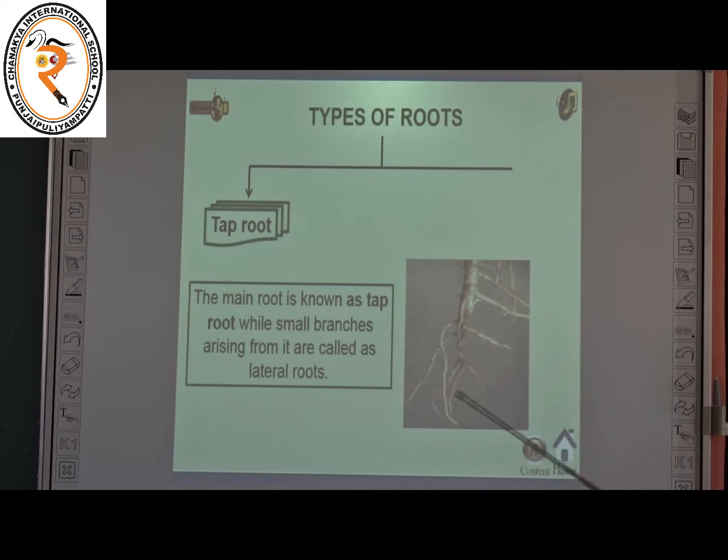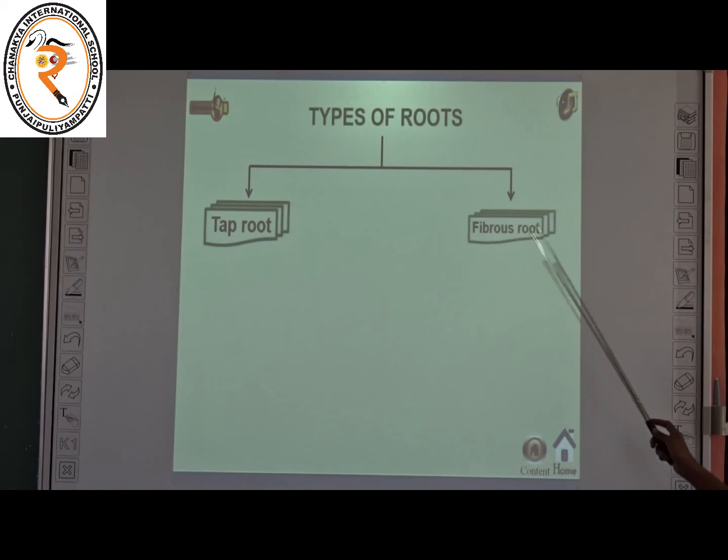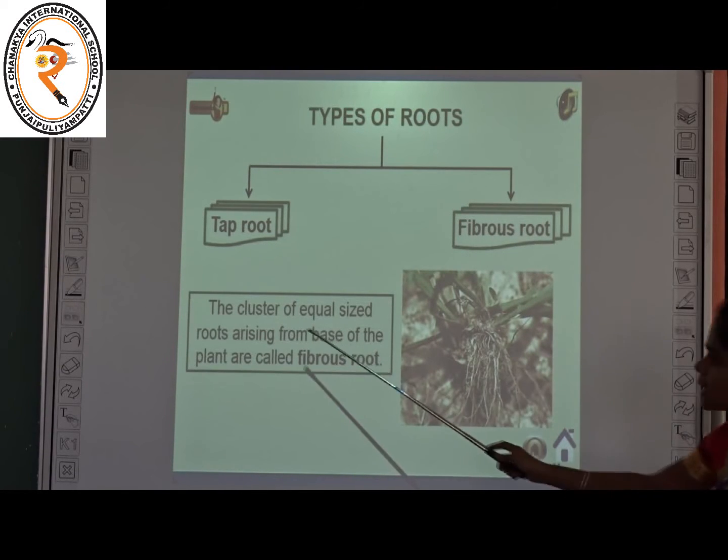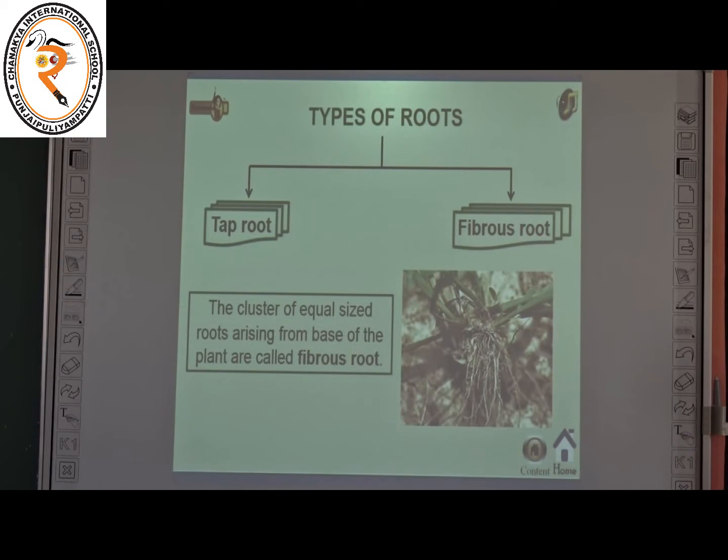And the next one, fibrous root. What is called fibrous root? The cluster of equal sized roots arising from the base of the plant are called fibrous root. So it consists of a cluster of roots. They are called fibrous root. So these are the 2 main types of root.